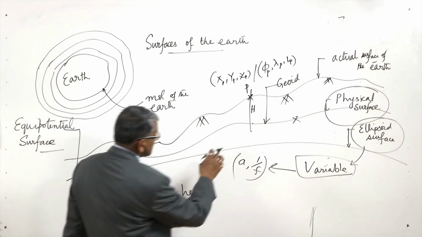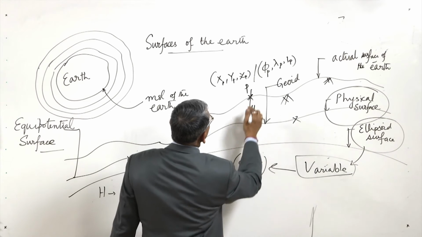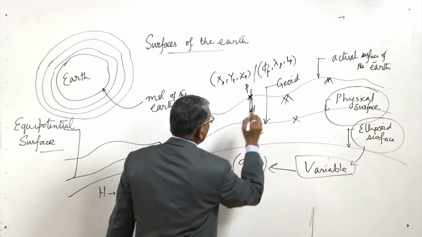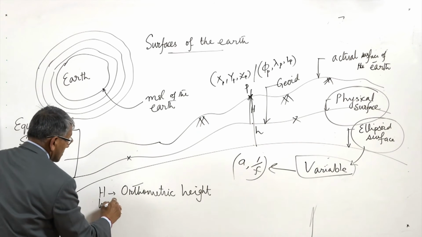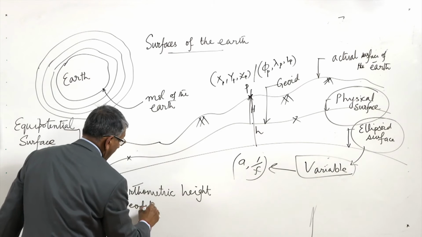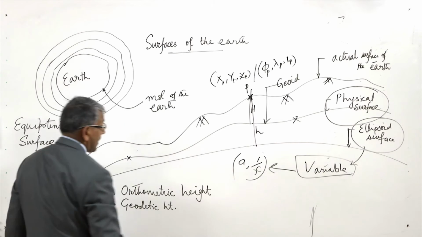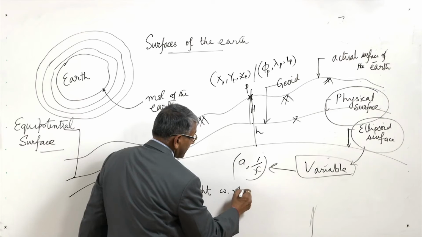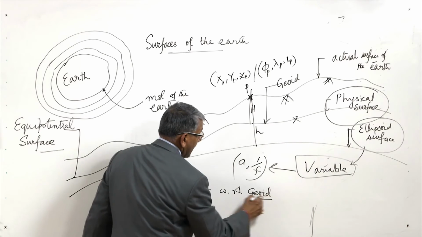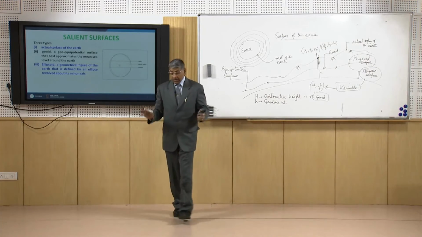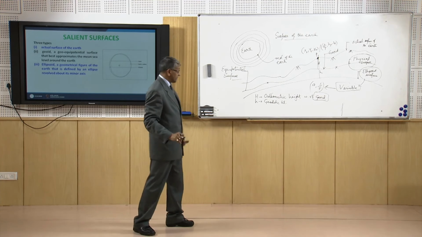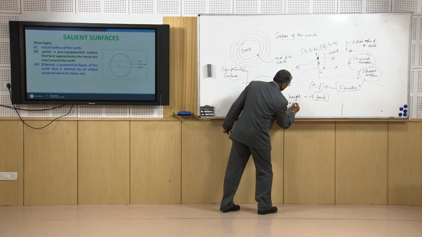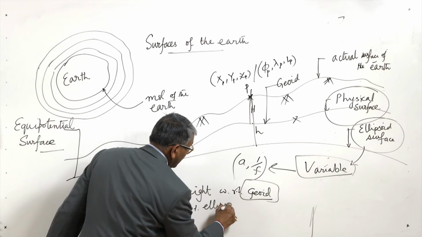And if we consider the height of this point with respect to the ellipsoid, then it is called the geodetic height. Now orthometric height is with respect to the geoid, and this geoid is constant for the earth, but geodetic height is with respect to the ellipsoid.